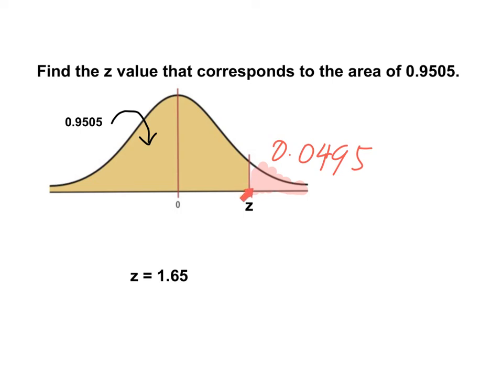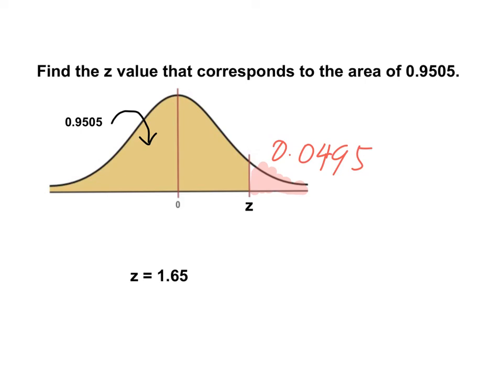If it's an area to the right, and it gives you it, you have to go 1 minus, because if I look this up in the table, it's going to give me a negative value over here. We don't want to look this up when I go to the right. You got to subtract it from 1 to look up that value, and then it'll tell you the correct value, okay?